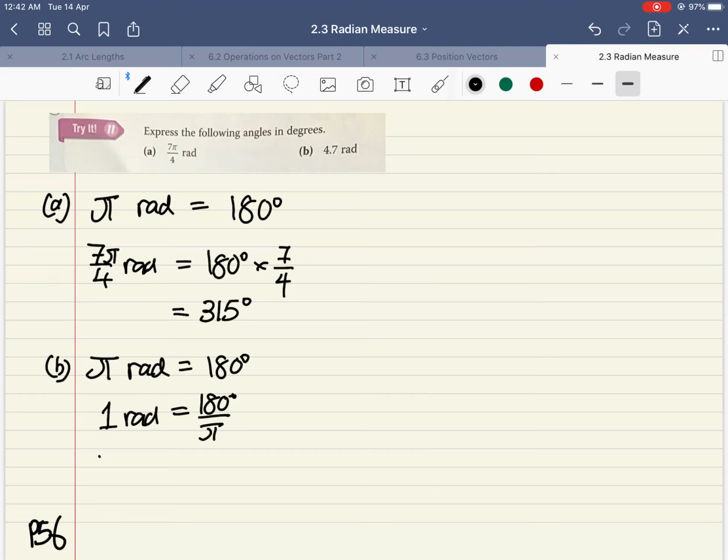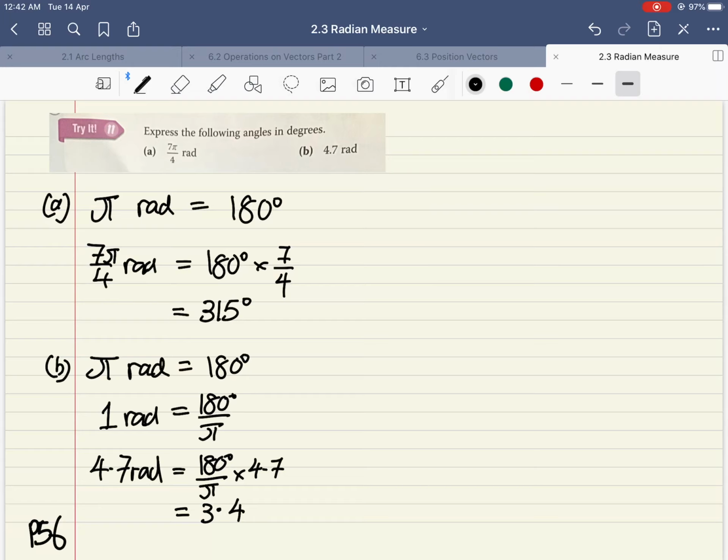What I get is 1 radian equals 180 degrees over pi. Now if I want 4.7 radians, I multiply by 4.7 on the left, and I multiply by 4.7 on the right. So I get 180 degrees over pi times 4.7.